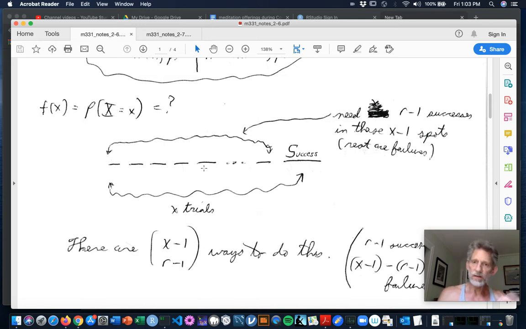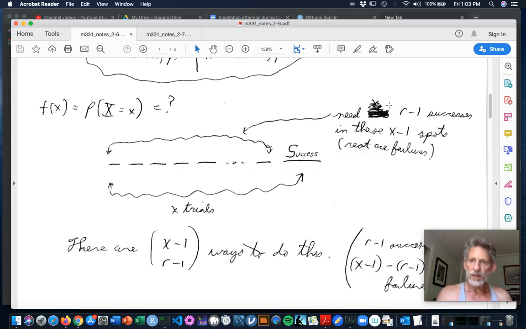S for success, F for failure, maybe. And what if it is X trials for your rth success? Then there would be X of these little boxes here, one for every trial. And the very last one would have to be a success. That's when you get your rth success, and then you stop watching the Bernoulli process.